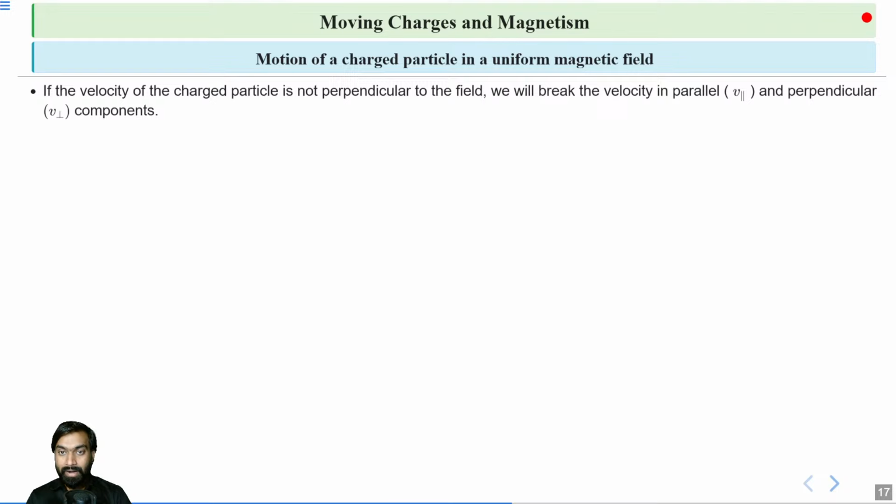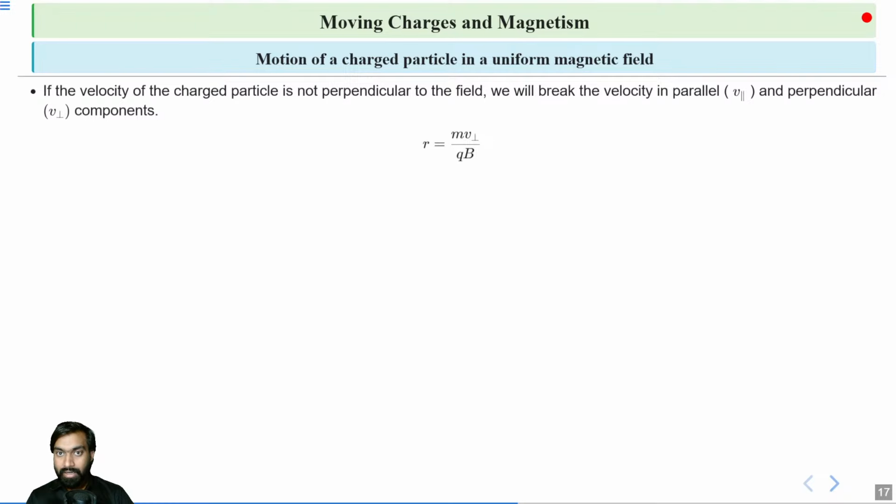The parallel part keeps moving straight without any force acting on it. The magnetic force causes the particle to move in a circle around the magnetic field lines because it always acts perpendicular to the velocity and magnetic field.